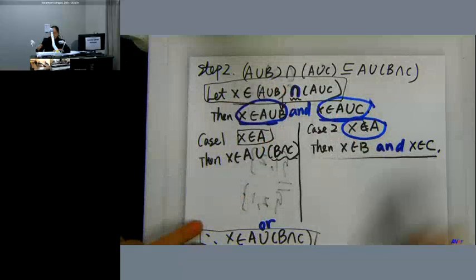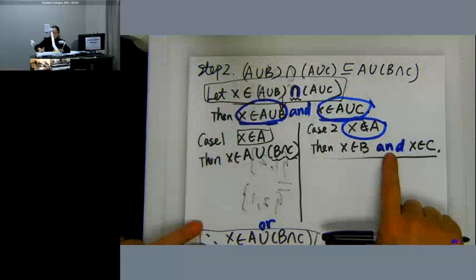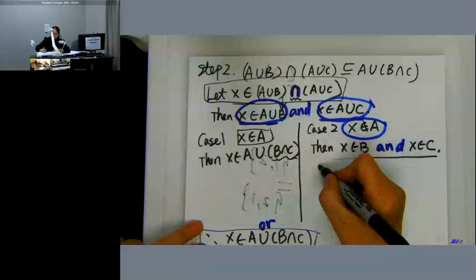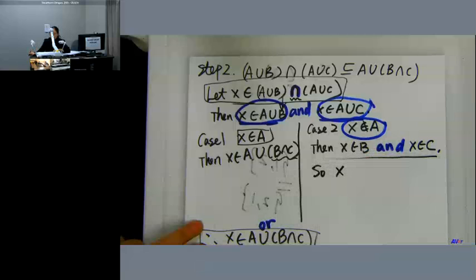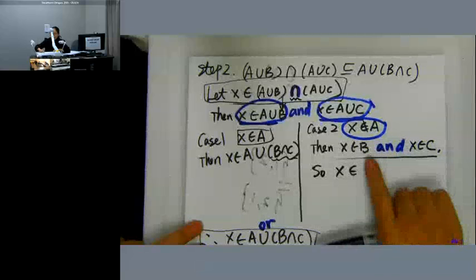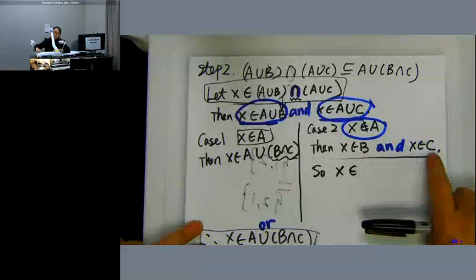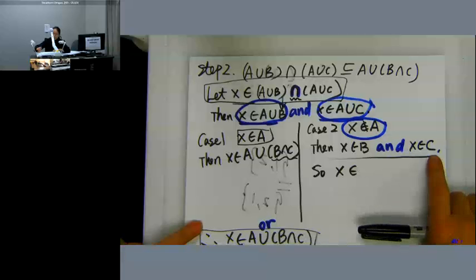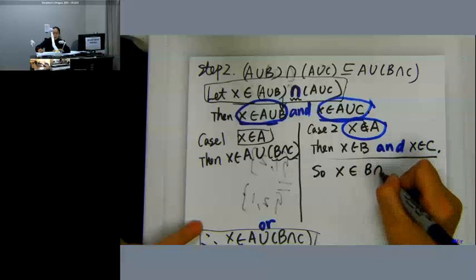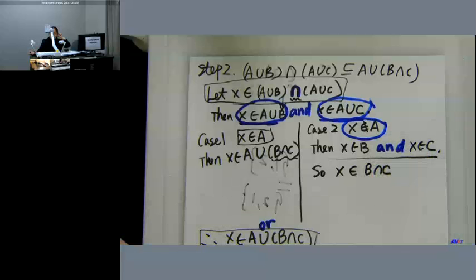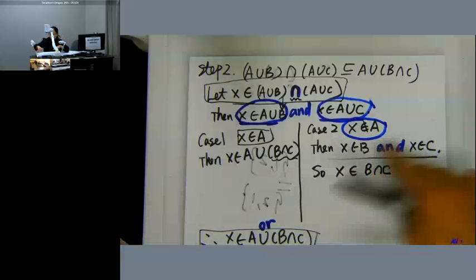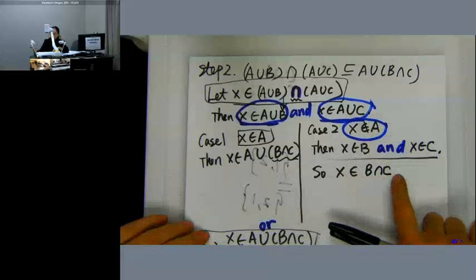Change the English word "and" to the symbol. So x is in B, and x is also in C. What does that mean? B intersection C. Yes, that's right. x is in B and in C.